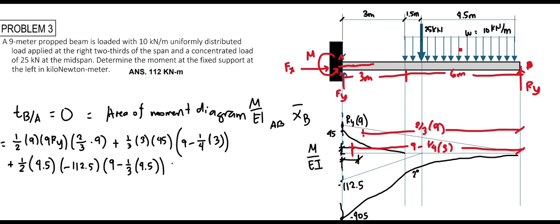And then plus the area of this parabolic curve, that is an area equal to 1/3 of a base of 9 meters times a height of negative 405, multiplied by a moment arm distance of 3/4 of 9 meters. That's the distance from the centroid here to point B.